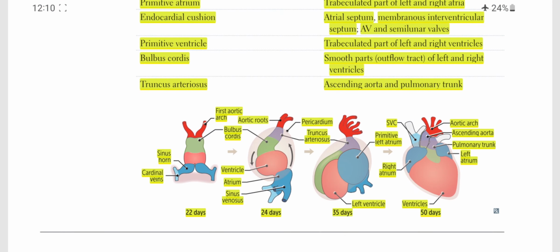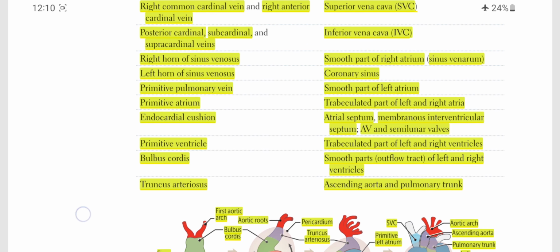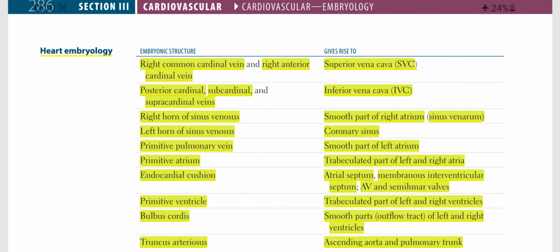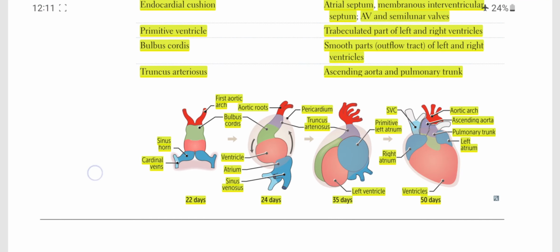Then we have two horns, the right sinus horn and the left sinus horn, right? The right horn of sinus venosus leads to the smooth part of the right atrium, while the left horn of sinus venosus leads to the coronary sinus, right?